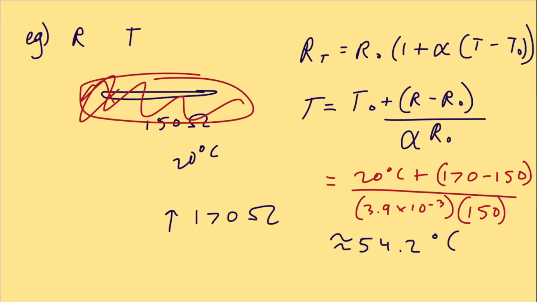So the fluid is 54 degrees Celsius. This is how resistance thermometers work. They're precise and they work where things like mercury or alcohol and normal thermometers don't work. So a quick recap is that resistance depends on length, thickness, and the material. Resistivity, represented by this symbol, is a property of the material.